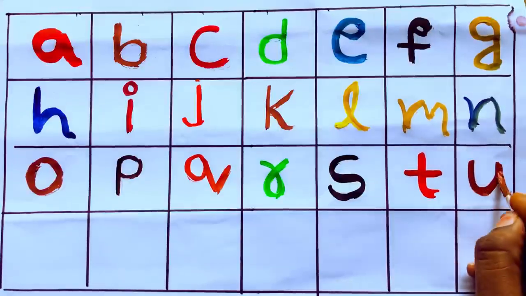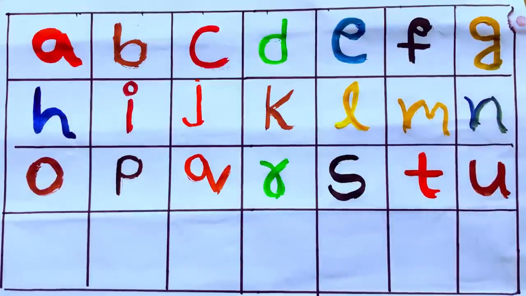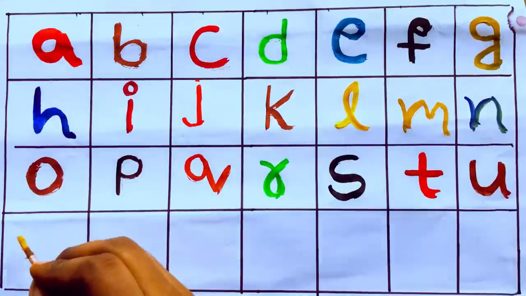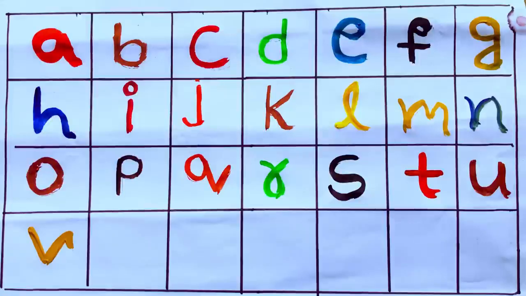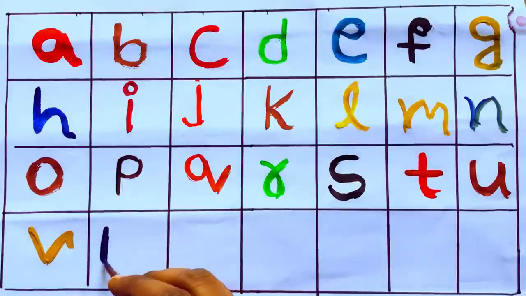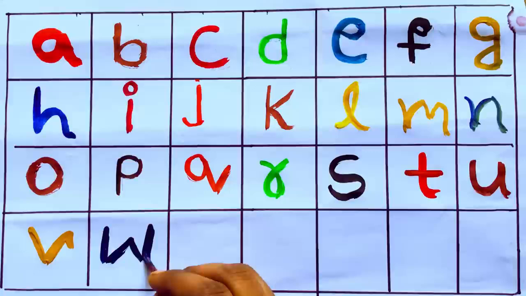Brown color, U for umbrella. Yellow color, V for van. Black color, W for warm.